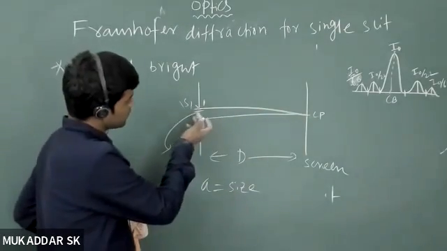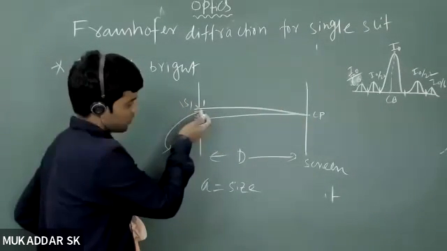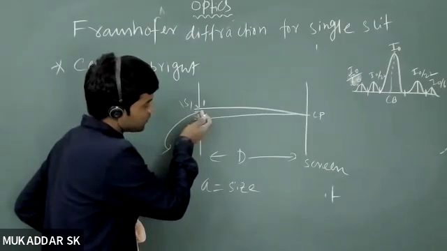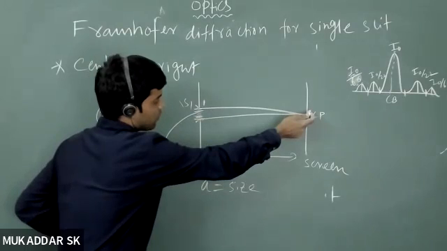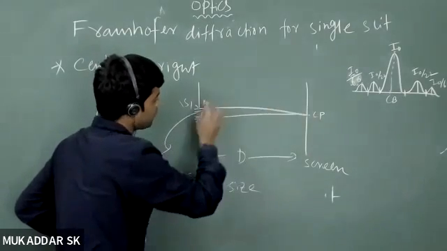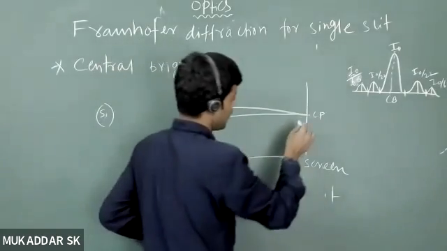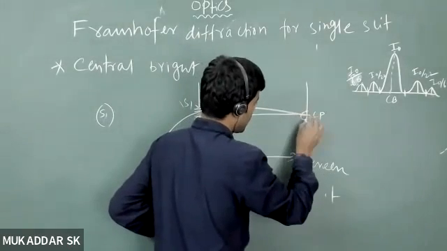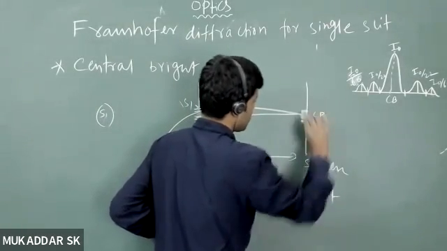Now if you choose number 3 source and 97 number source, again the path difference between two rays will be 0 at central point. So they will again make constructive interference and produce a bright point. So due to all this constructive superposition, we will get bright intensity at central point.